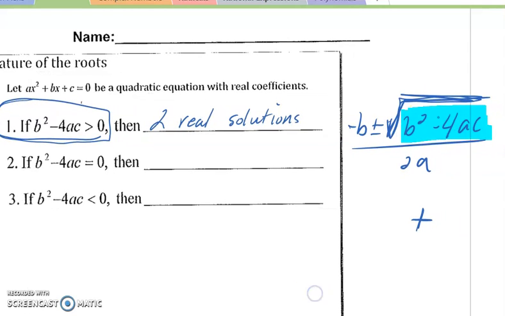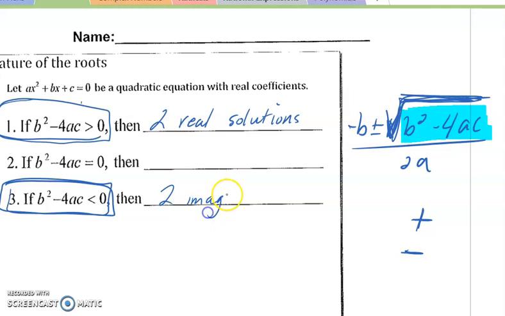If under here is negative, which means that that value is less than 0, then it's two imaginary solutions, or not real, complex. Imaginary and complex are similar, but we're just going to say two imaginary solutions, meaning that it's going to have i in it. And we've done those problems already.